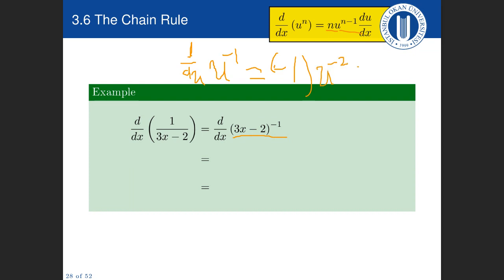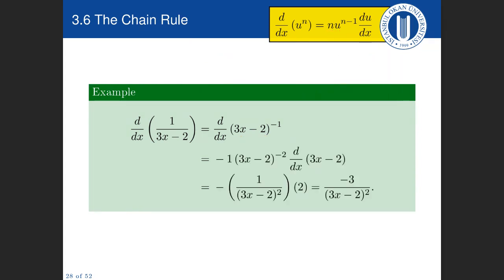And then multiply that by du/dx. So minus 1, and then u to the power minus 2, and then du/dx. And there's a typo here. This 2 should have been a number 3.